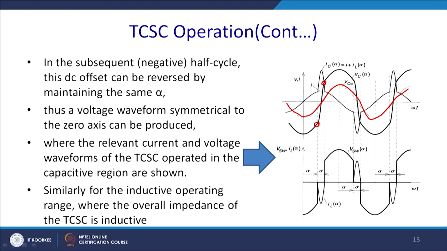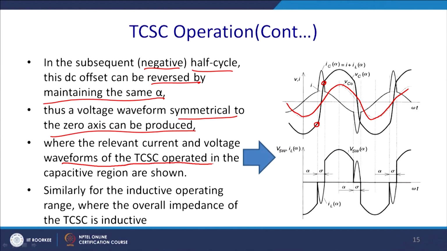In the subsequent negative half cycle, the DC offset can be observed by the magnitude of the same angle alpha. Let us see that. Thus, the voltage waveform symmetrical to the 0 axis can be produced.